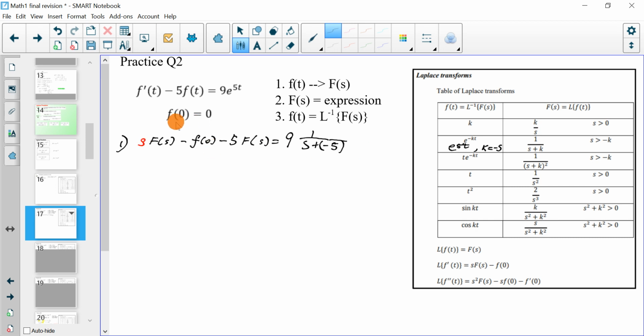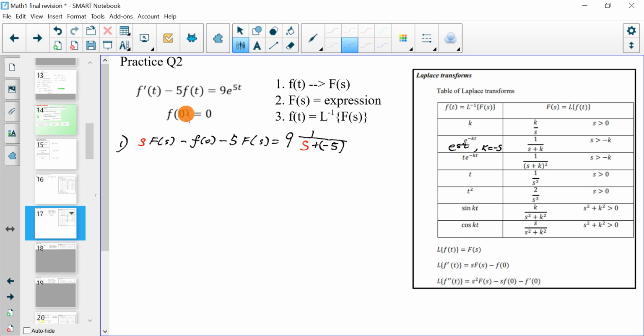We also want to include the initial condition. Here our initial condition is f of 0 equals 0, so the middle piece is actually going to be gone. Let me just tidy things up a little. I said I want to use a red color for s, so it's different from 5. Let's just copy the left-hand side.